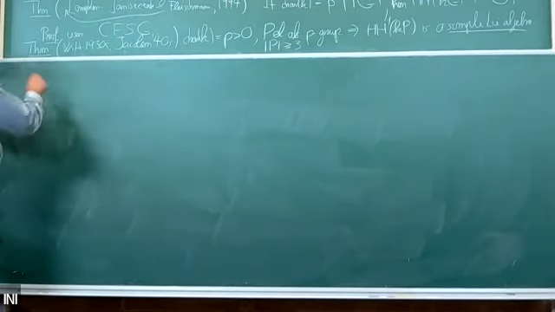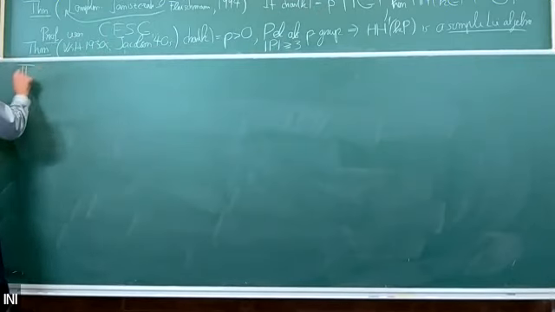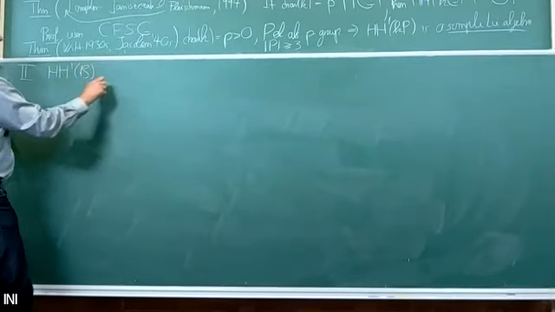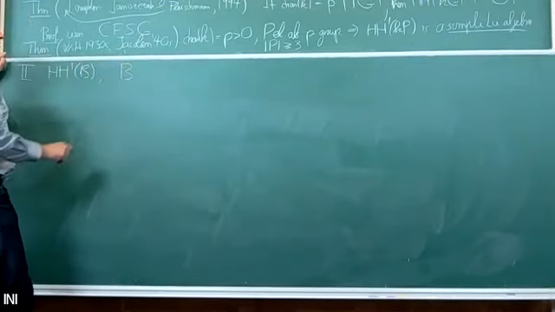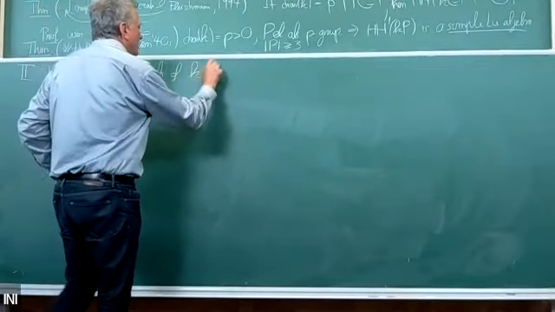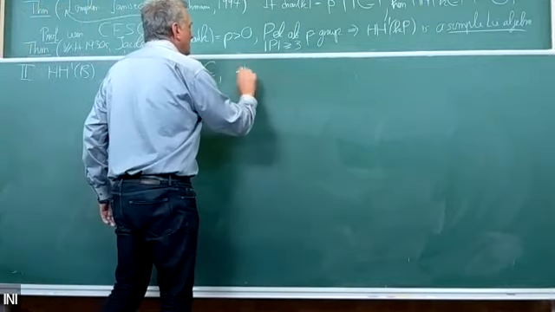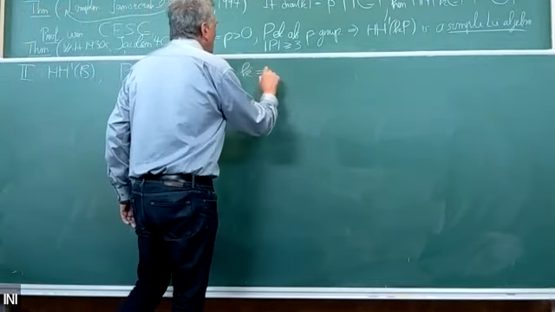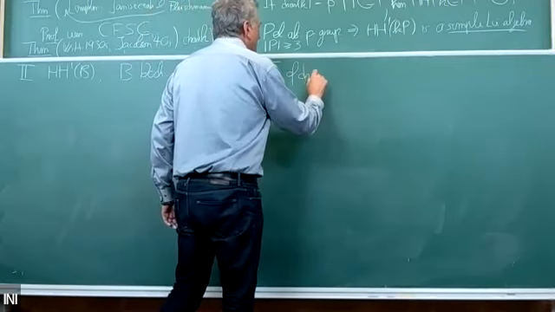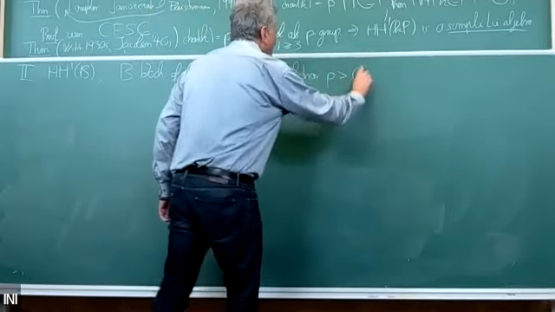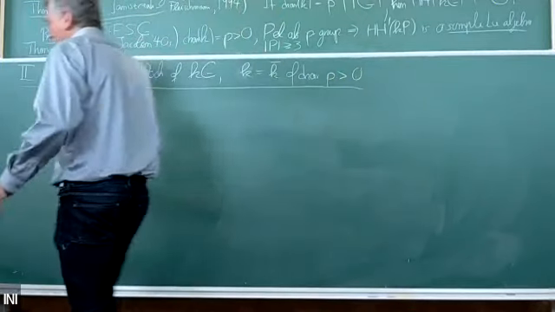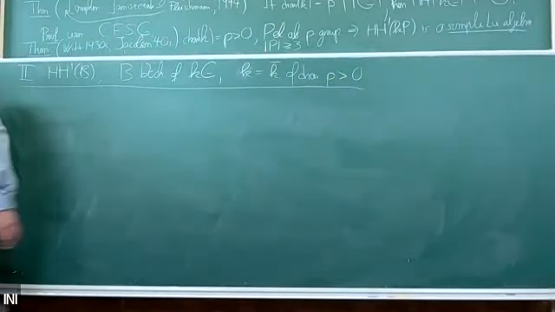So let me just say a few things of what one would want from the HH1 of a block of some finite group algebra. And here I'm going to be lazy. I'm going to take this algebraically closed of prime characteristic. So here is the notation I put in the title.